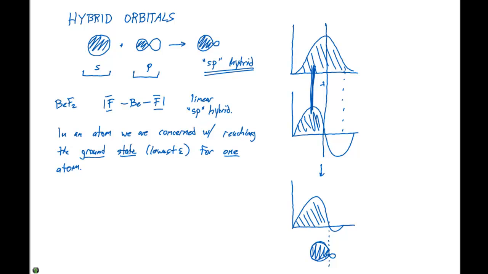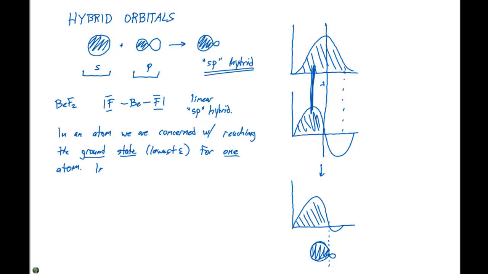So in an atom, we're trying to achieve the ground state, which would be to get all the electrons in that atom in the lowest energy configuration possible. There are various ways to do that, following our normal electron configuration counting rules, and there's other anomalous electron configurations.